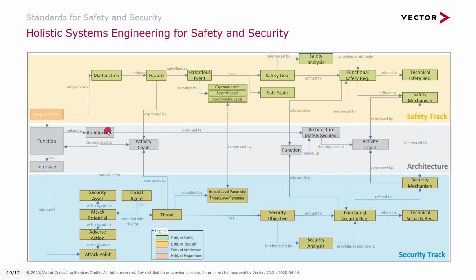In a more detailed perspective, we have a synchronization which aligns with the risk analysis, which is that we look into assets to protect. Then we look into, can these assets be impacted by safety hazard? And if so, what would be the respective way? This is what we call the safety goal and the safe state in the safety analysis. And then we go back again to the security track and see, is this something which we can compromise?